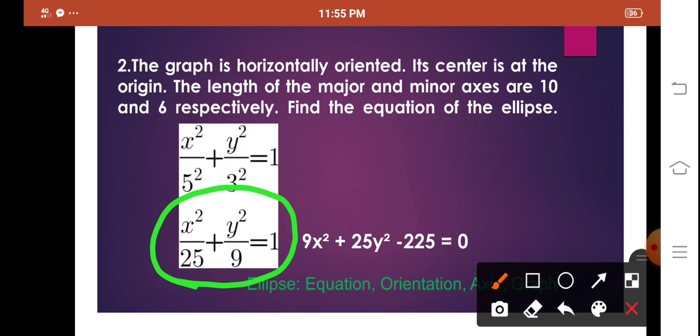So 225 times x squared divided by 25 is 9x squared, while 225 times y squared divided by 9 is 25y squared. Then 1 times 225 is 225. So the result is 9x squared plus 25y squared minus 225 is equal to 0.